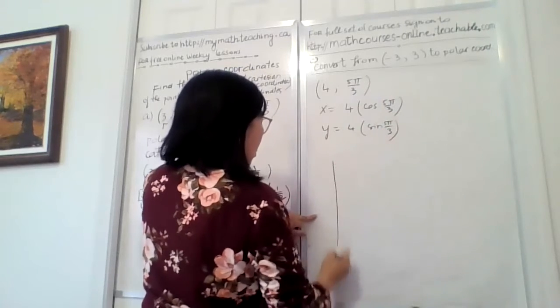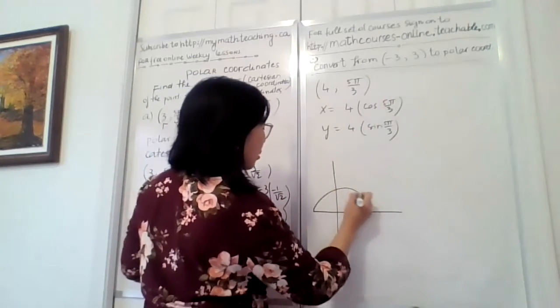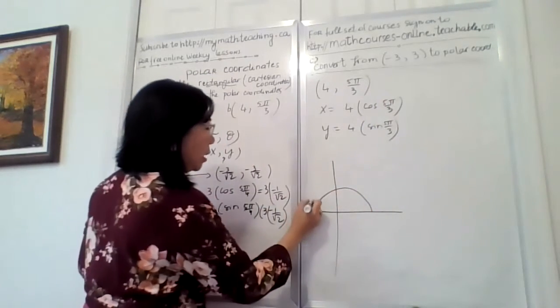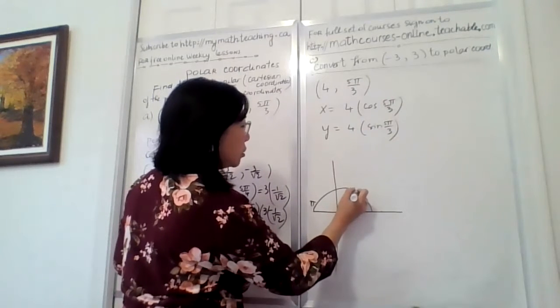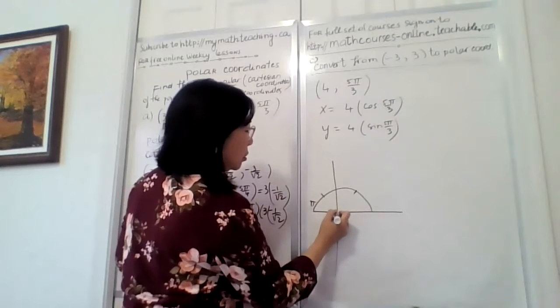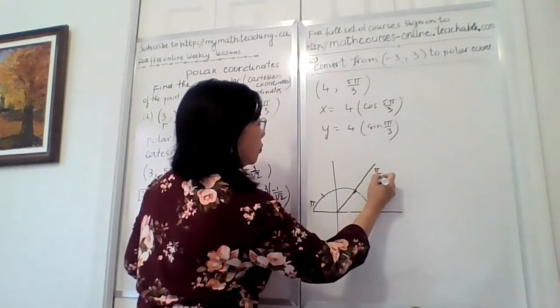Now, what does the angle look like? From here to here is a pi angle, 180 degrees. We'll divide the section by 3.